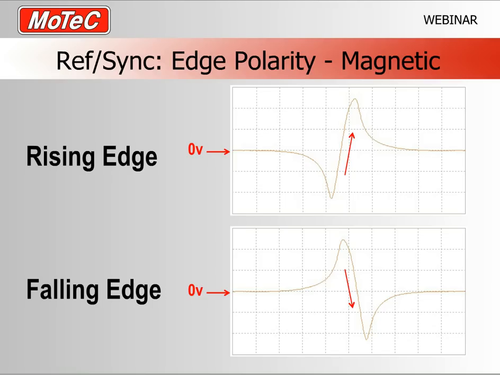Some of the earlier modes, it was still going to cause you a problem, but you might not notice while starting the engine. But be very sure that you have the edge polarity correct on ref and sync magnetic levels. So you can see here, the top ones are rising, and the bottom one's a falling edge. So it must be right anyway, but it's something to check if you're having ref and sync issues.